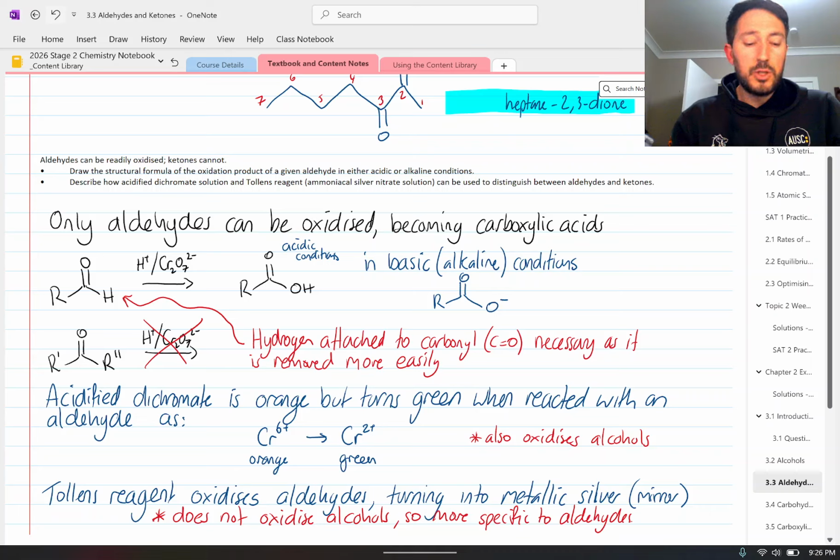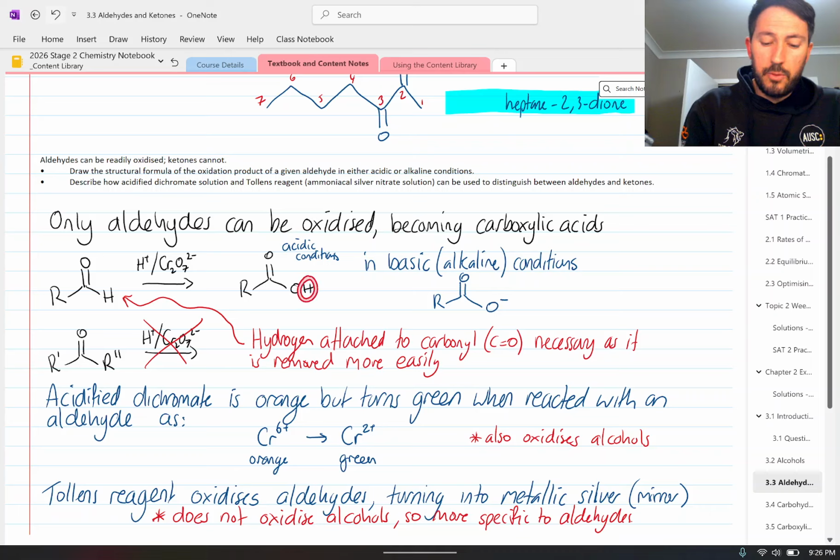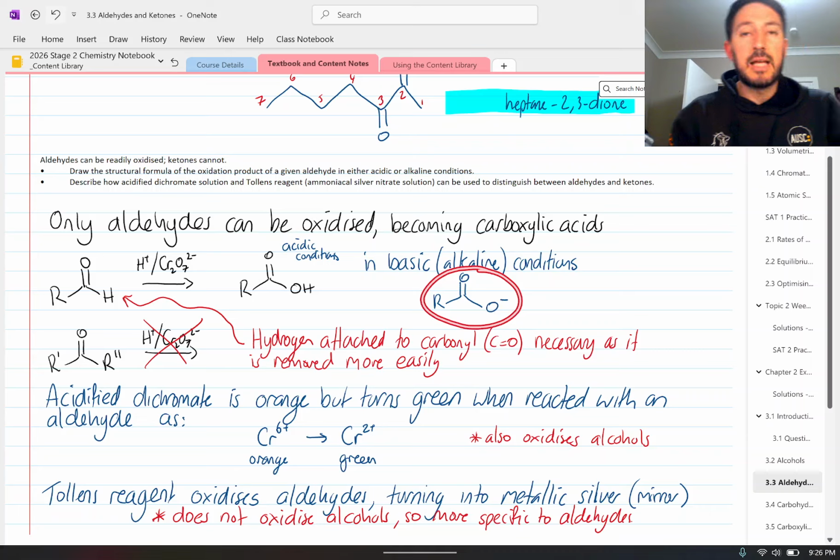If we happen to do the same reaction in basic conditions, alkaline conditions instead, then this hydrogen is pulled off and we end up with our carboxylate ion. Again, we'll learn about that later, but you just take that H plus off, or the hydrogen off, as an H plus, leaving O minus behind.